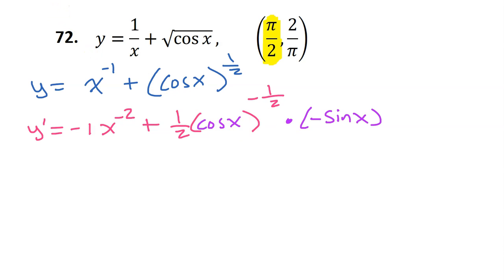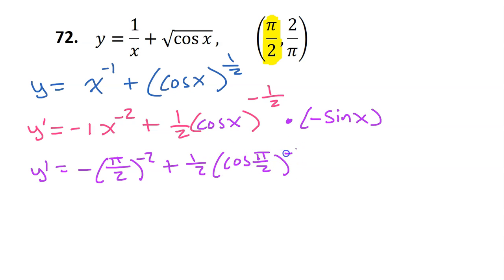So I'm going to get y prime equals negative pi over 2 to the negative 2 power plus 1/2 times the cosine of pi over 2 to the negative 1/2 power times negative sine of pi over 2.